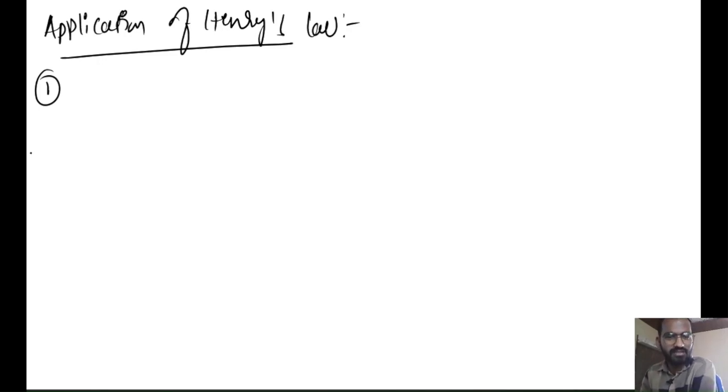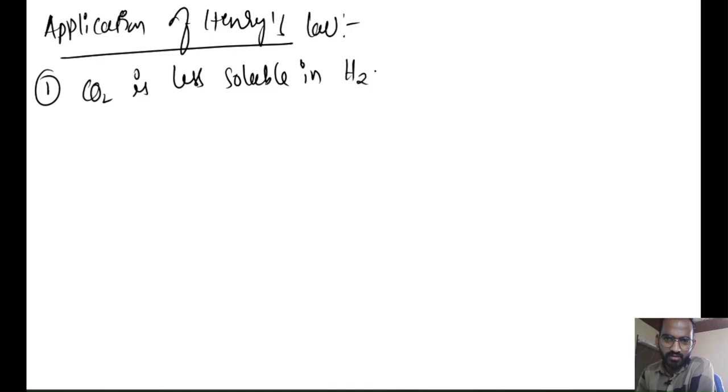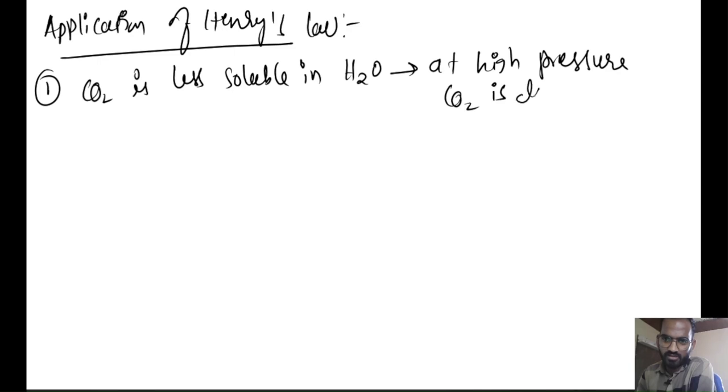That gas is carbon dioxide. Generally carbon dioxide gas is less soluble in water, but what they do is give high pressure. At high pressure CO2 is dissolved in more quantity.